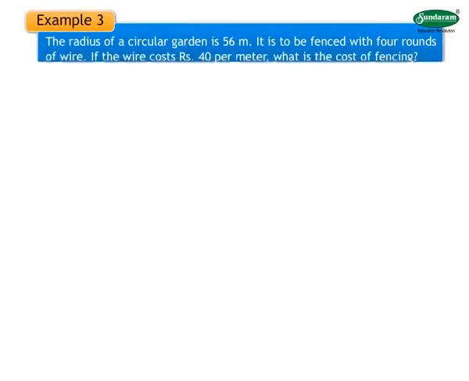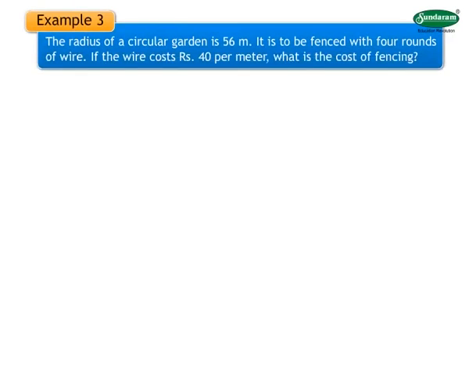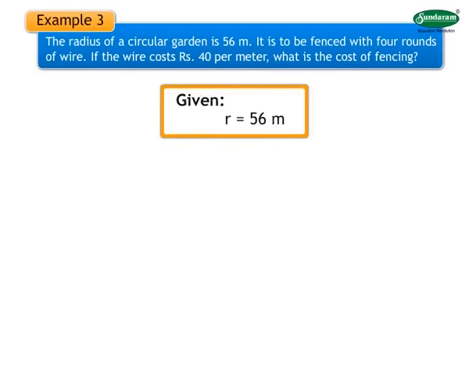Example 3. The radius of a circular garden is 56 meter. It is to be fenced with 4 rounds of wire. If the wire costs rupees 40 per meter, what is the cost of fencing? Given is radius of circular garden, which is equal to 56 meter.